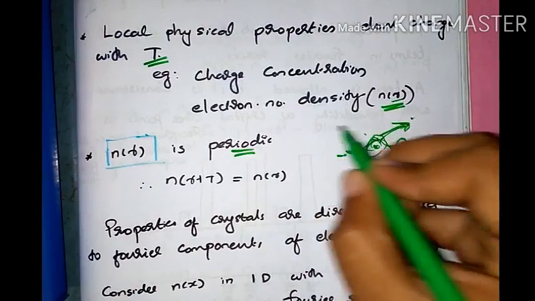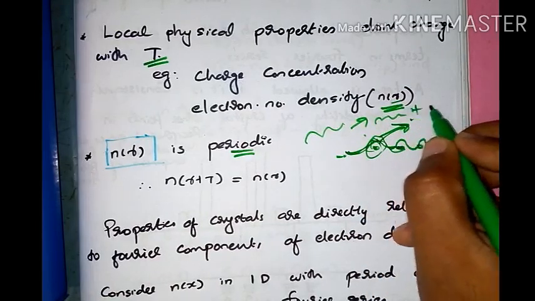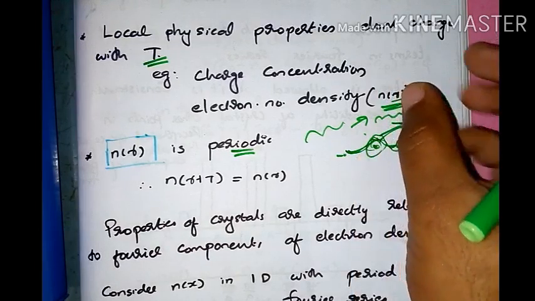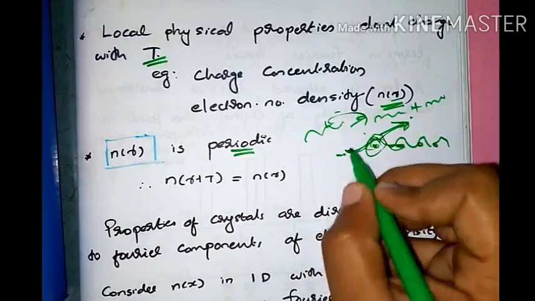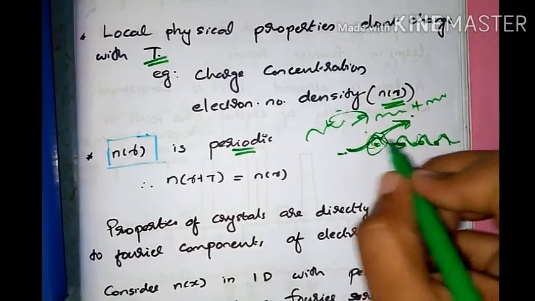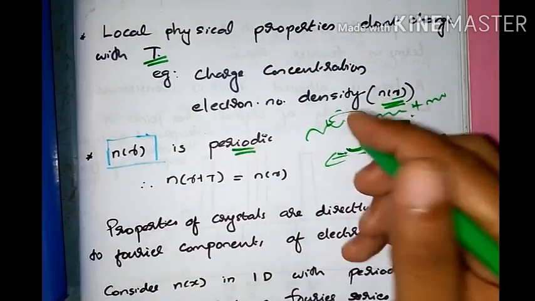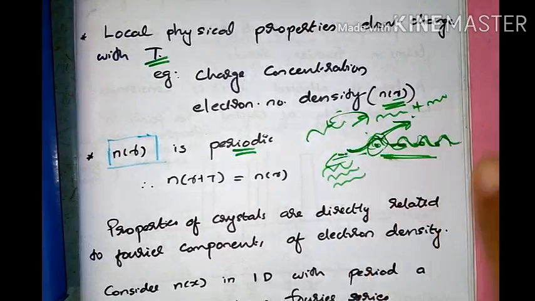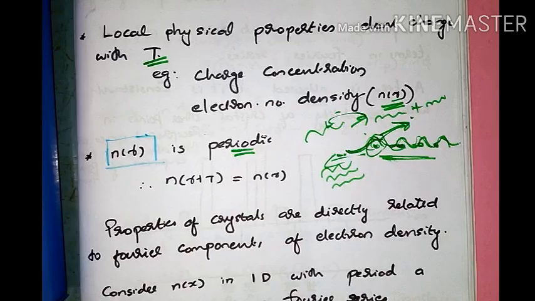So if you have a wave like this, I am trying to unpack that wave into a very large number of sine waves of different frequencies and amplitudes that are summed up to obtain this final resultant wave. So if I have an electron density of a periodic nature, I am trying to unpack it into a large number of component frequencies, and analyze it using Fourier transform.